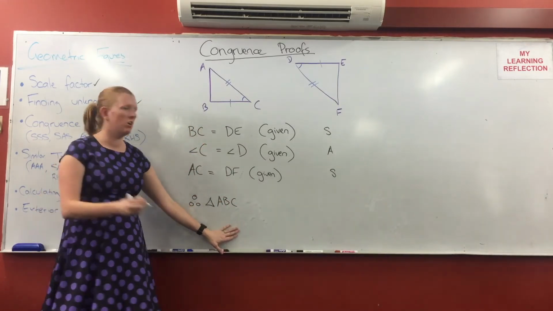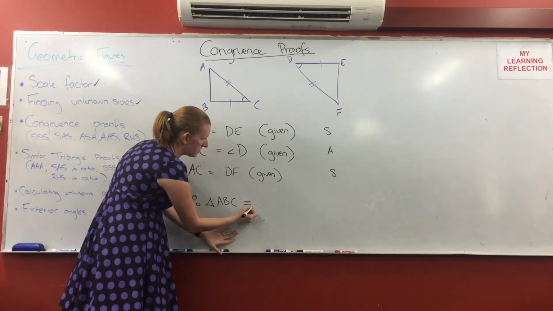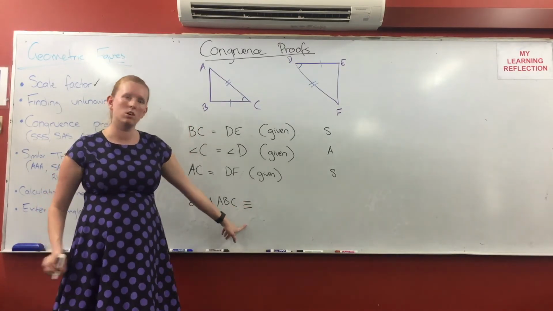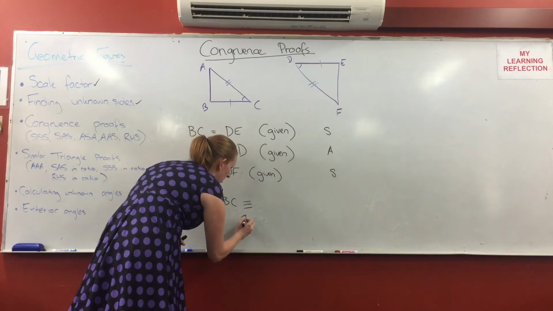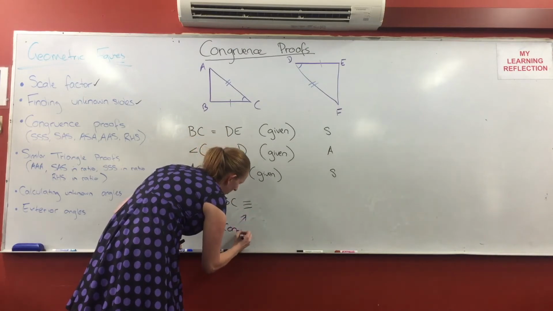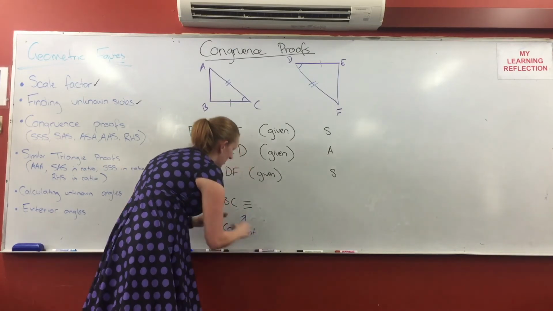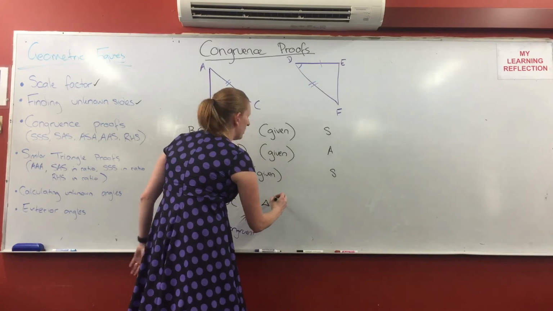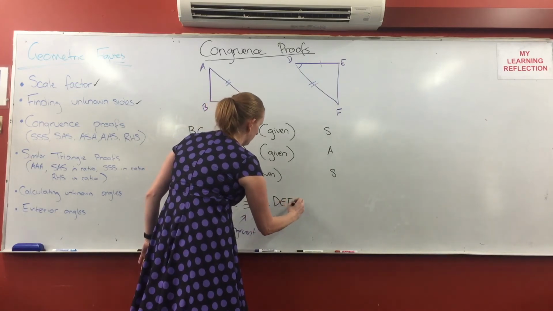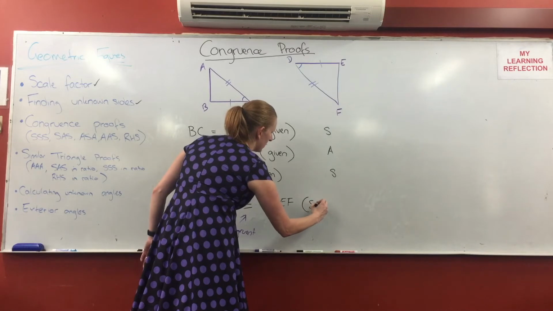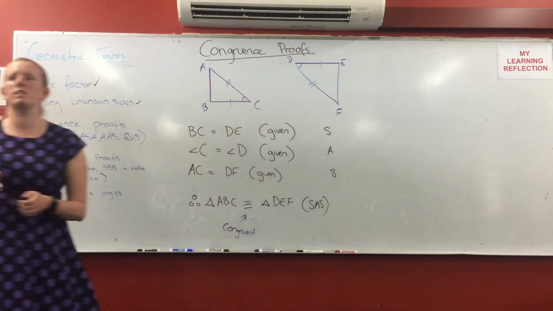Now, when we're doing congruent, we do 3 lines across. 3 lines across means congruent. Congruent to triangle DEF. And the reason is SAS. Coolsies.